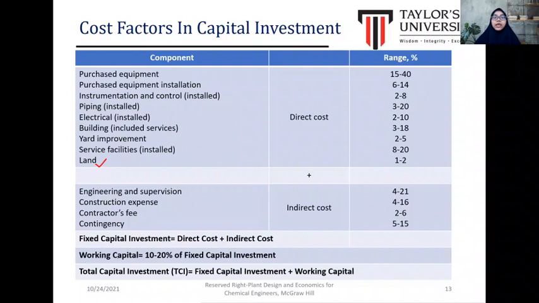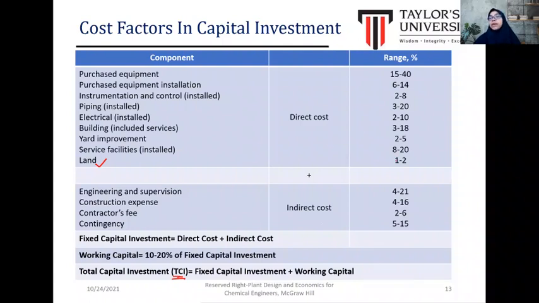And then after that, we can proceed with the working capital investment, where the cost of the working capital is within the range of 10 to 20% of fixed capital investment. And then finally, we can estimate the total capital investment for the specific project by considering the summation of the fixed capital investment and working capital investment.